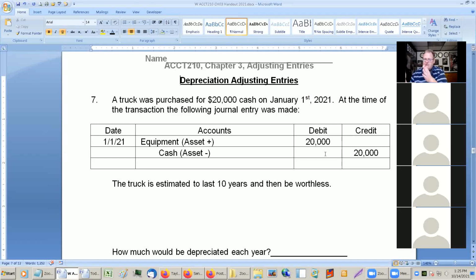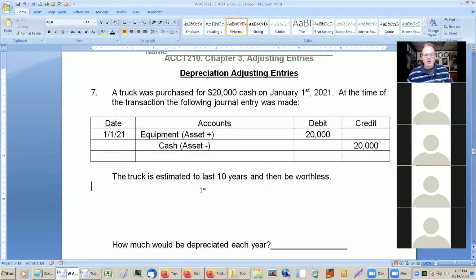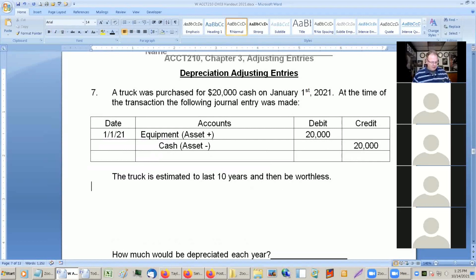It's going to benefit the company for the next however many years. So, for instance, this truck will benefit the business.